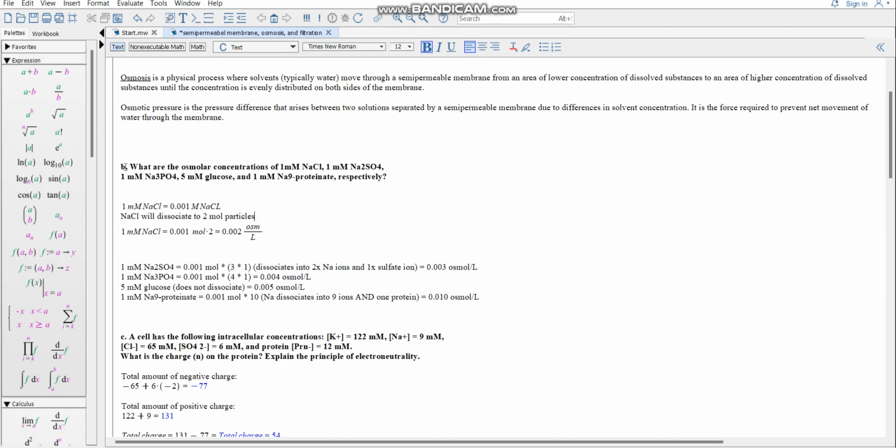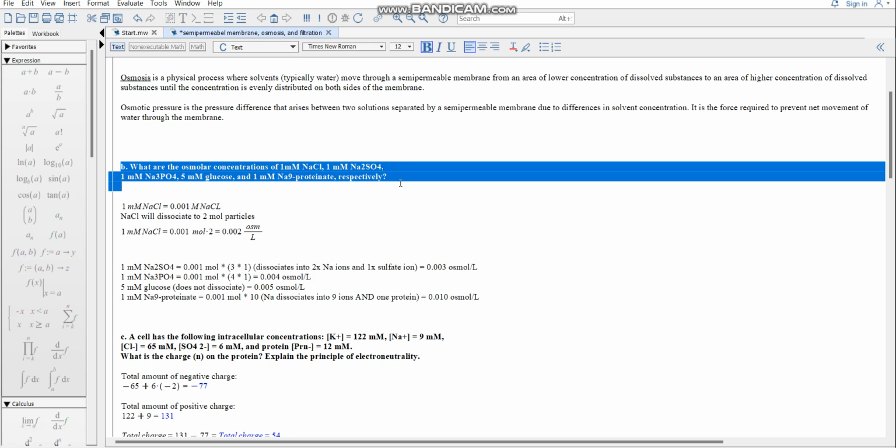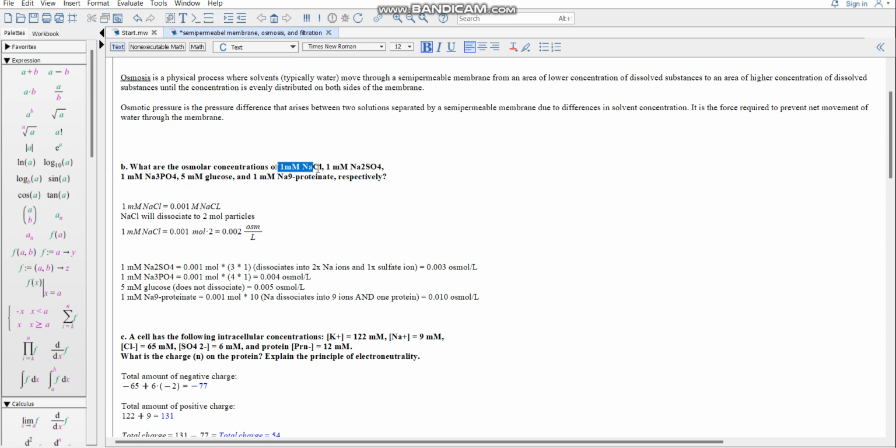now let's do this task here. What are the osmolar concentrations of 1 millimole of sodium chloride, 1 millimole of this, 1 millimole of this, 5 millimoles of glucose, and 1 millimole of sodium protein-ate? Well, here we know 1 millimole of, for example, sodium chloride is the same as 0.001 moles of sodium chloride.